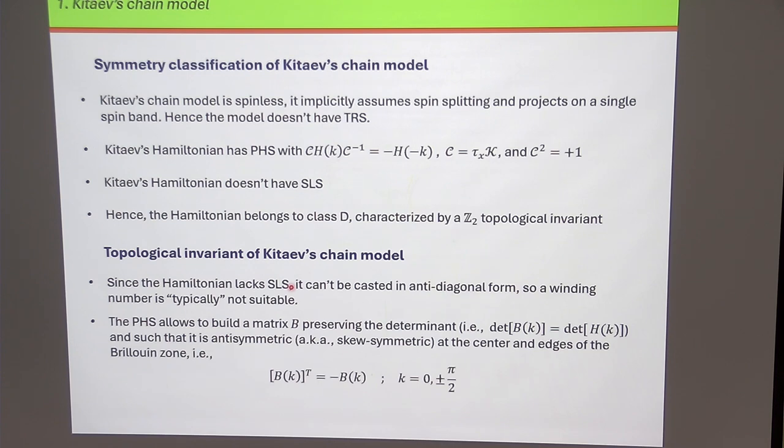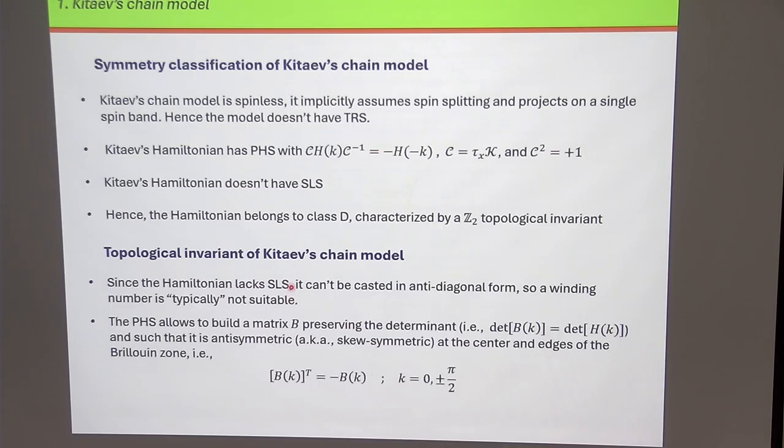But if I just want to see the mathematics of what happens, I can also use the BDI class, in which I will also have time reversal and chiral symmetry. And then I can describe it also with a winding number, okay? Yes. The result will be the same, because these numbers actually are connected.